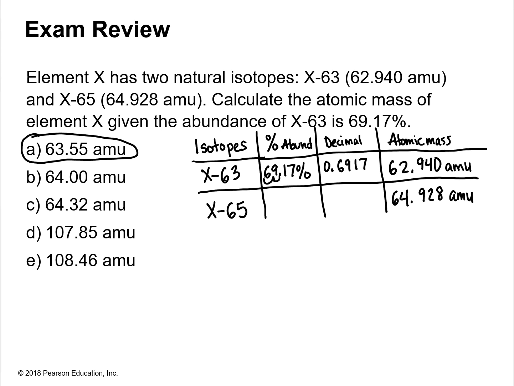Only 2 places. So let me draw that in a different color so you can see it a little bit better. When you're dividing by 100, you're moving 2 decimal places to the left.